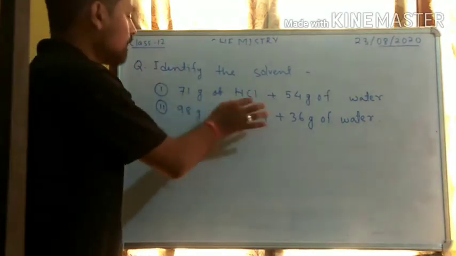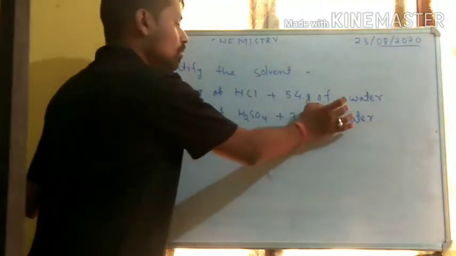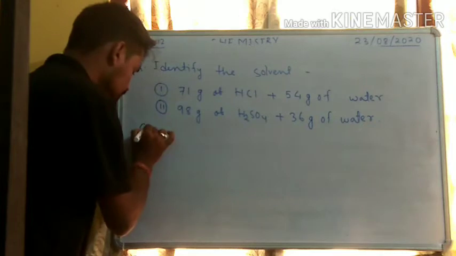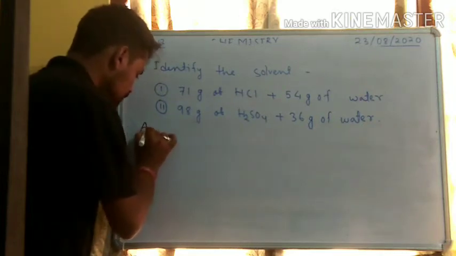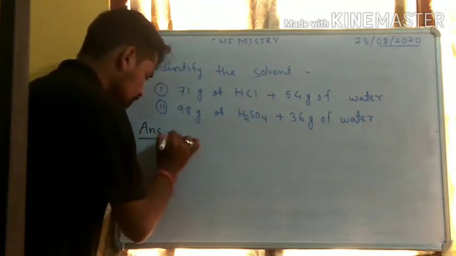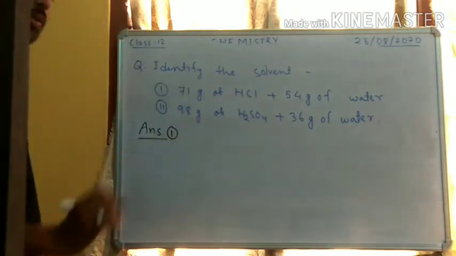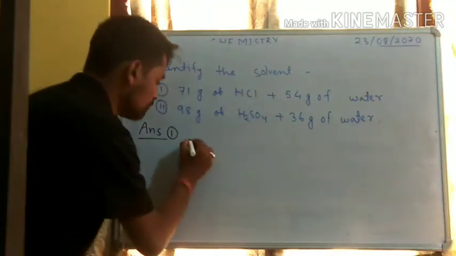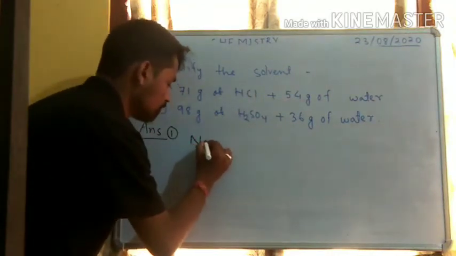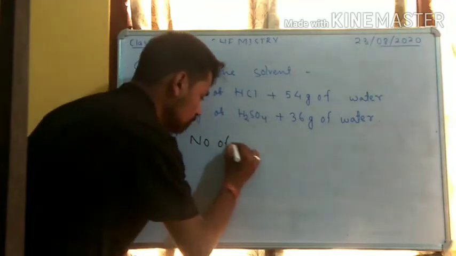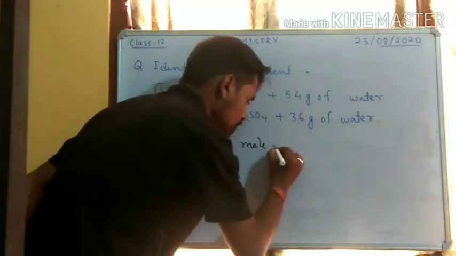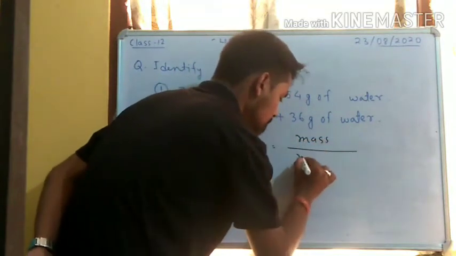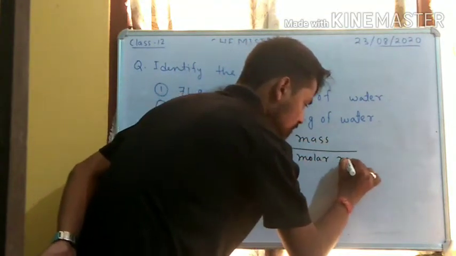So let us check the number of moles of HCl and number of moles of water. Question number 1. The formula is number of mole is equal to mass by molar mass.